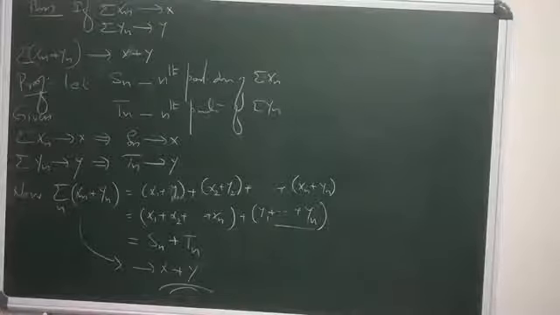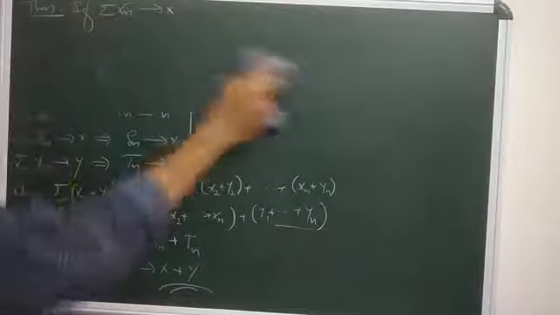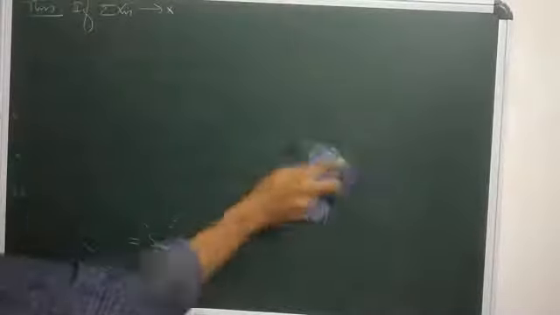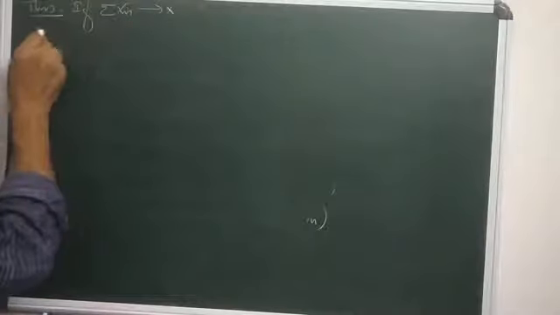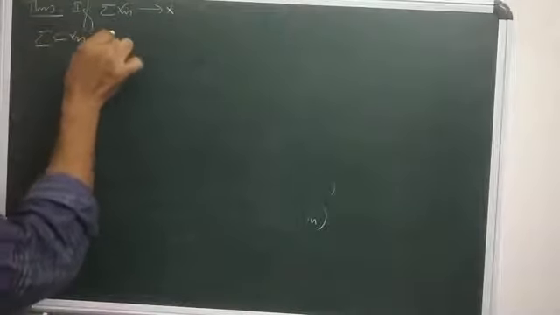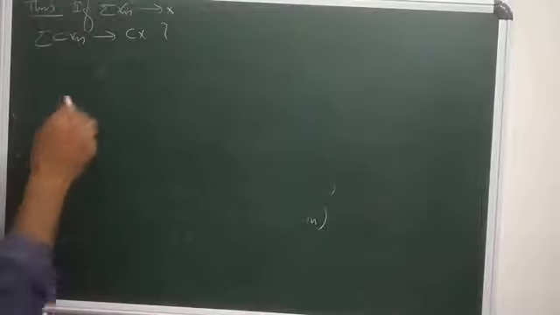So now listen, suppose sigma xn converges to x. Then what is sigma c into xn? Does sigma c xn converge to cx, where c should be positive? How?